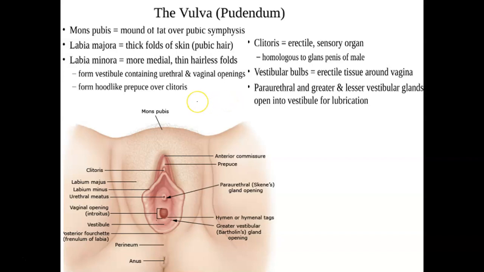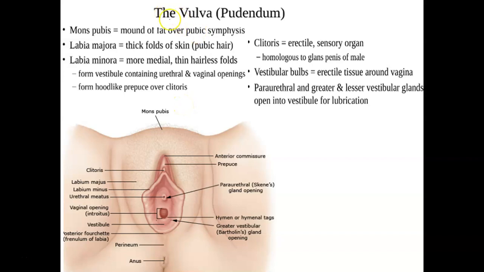Today I will try to complete the external genitalia, then the accessory glands which are present, then menstruation, that is the different phases of the menstrual cycle, and also oogenesis.